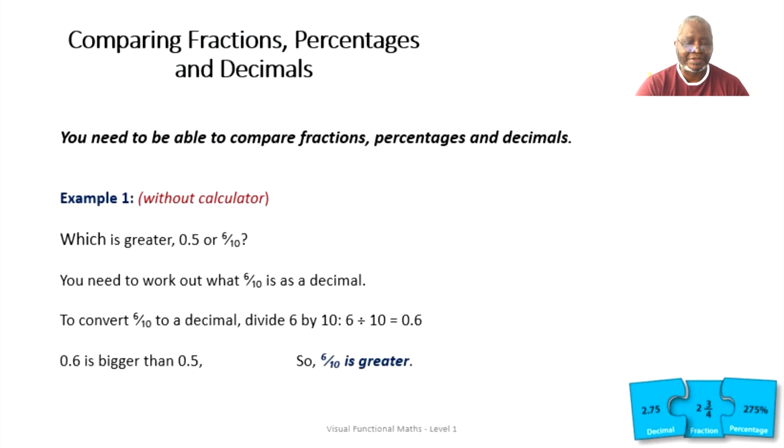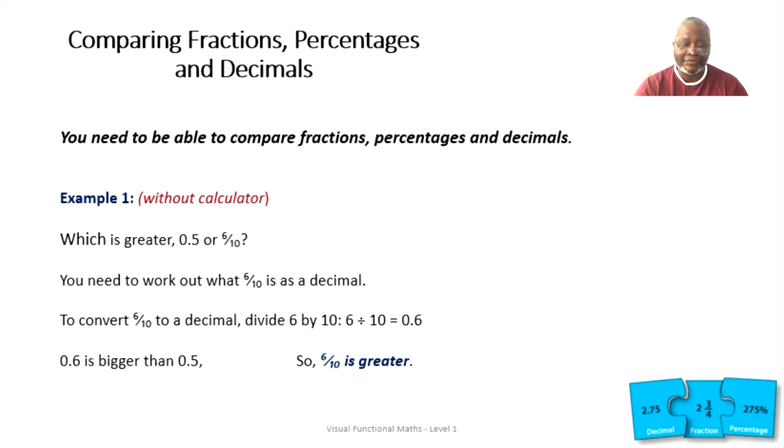Comparing fractions, percentages and decimals. You need to be able to compare fractions, percentages and decimals. Example 1 without calculator. Which is greater, 0.5 or 6/10? You need to work out 6/10 as a decimal.